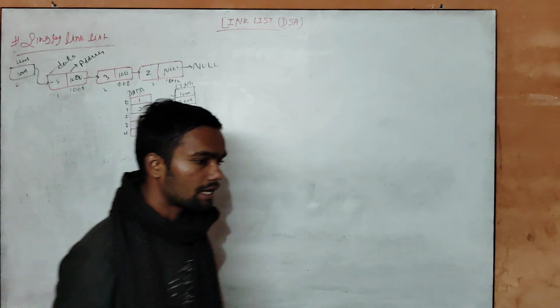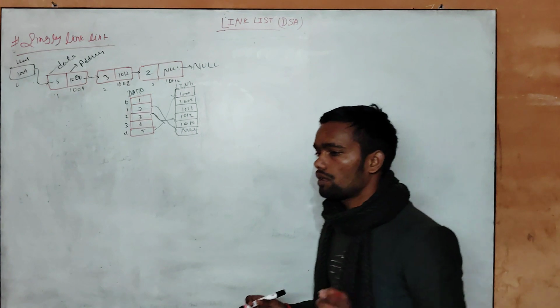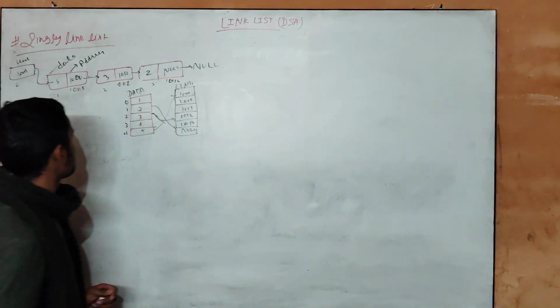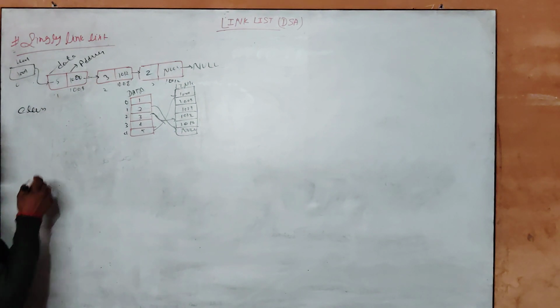Today I am creating one node using a class. How can I create a node? Let's see very carefully. First I am creating a class, name is Node.